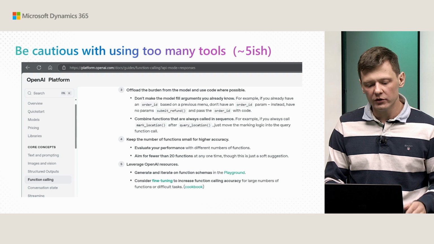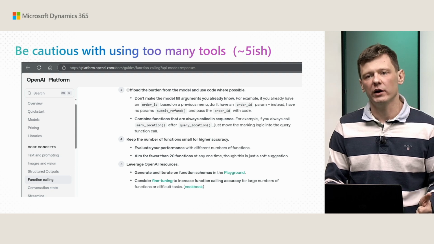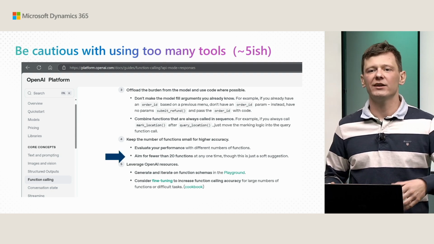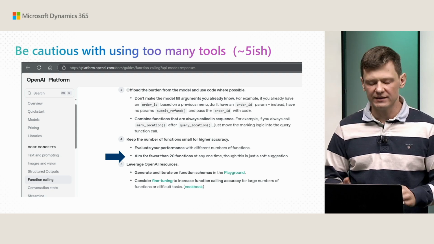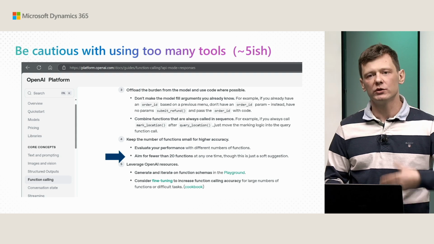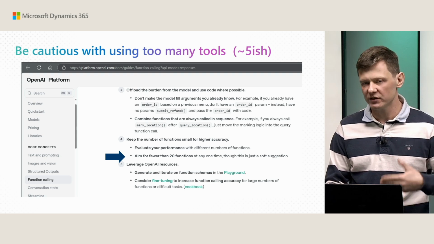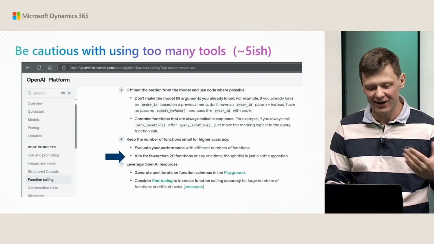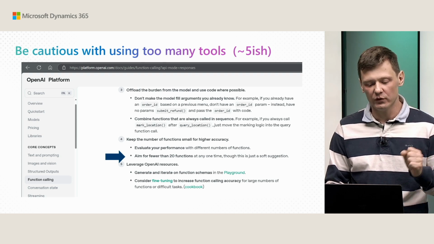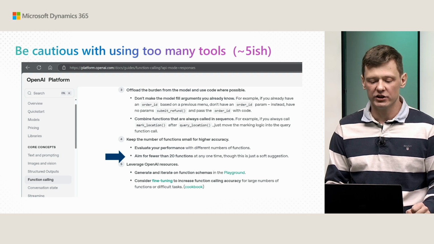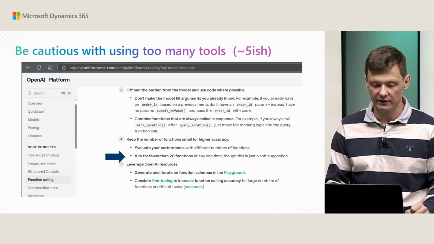Now, what I want you to be cautious and super aware of: if you go to the OpenAI documentation, it will say, hey, tools are awesome. It's the best tool for the job to retrieve data from a system, to enrich your responses, to make sure they're truthful and grounded. But please use fewer than 20 functions to make sure you have good accuracy.